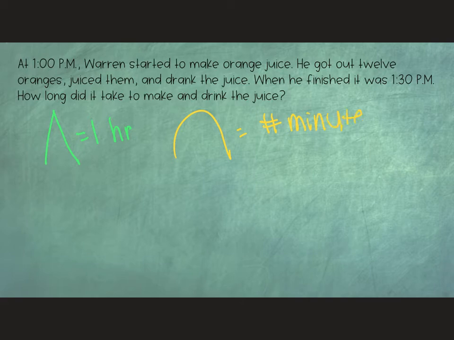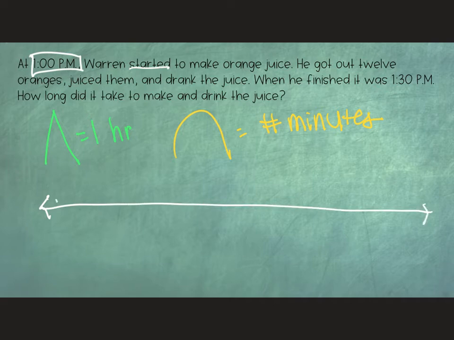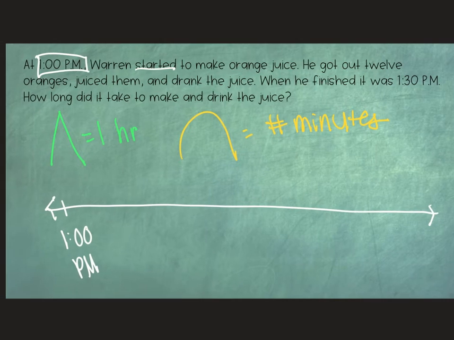Okay, so to begin, we have at 1 p.m., Warren started to make orange juice. Okay, he started. So I can draw my number line here and have 1 p.m. That's when he started. He got out 12 oranges, juiced them, and drank the juice.